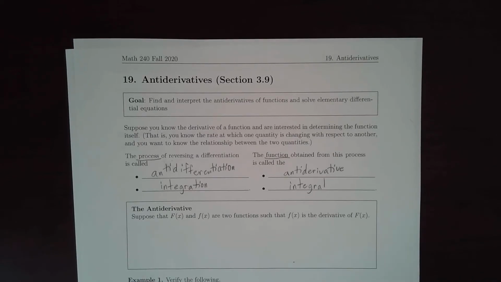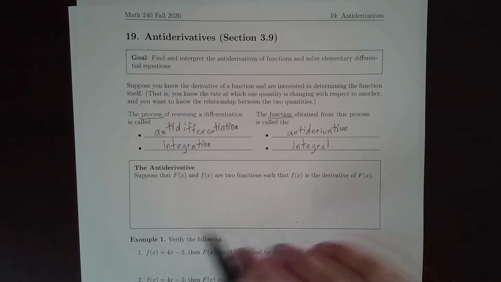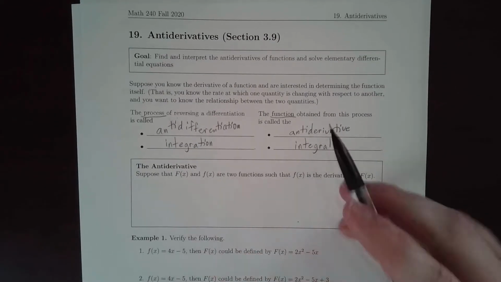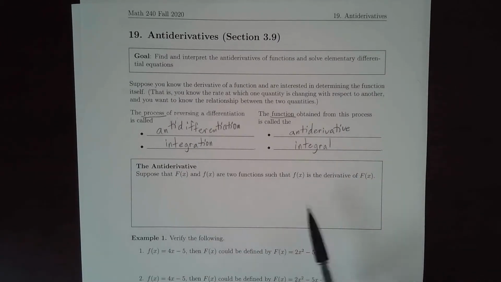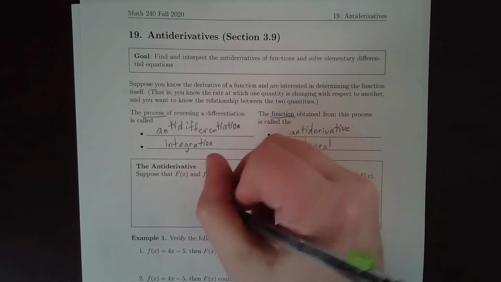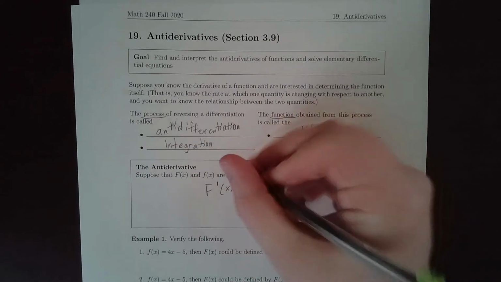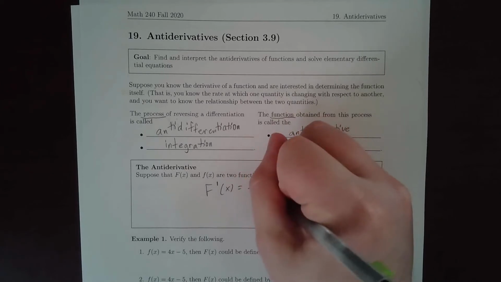So what is the antiderivative from a more formal definition standpoint? Suppose we've got two functions, big F of x and little f of x, such that little f of x is the derivative of big F of x. In other words, big F prime of x equals little f of x.